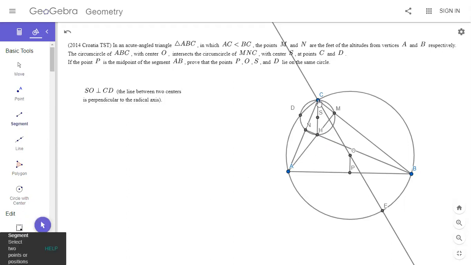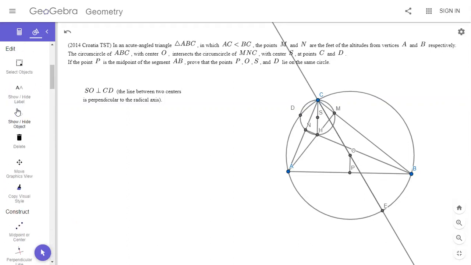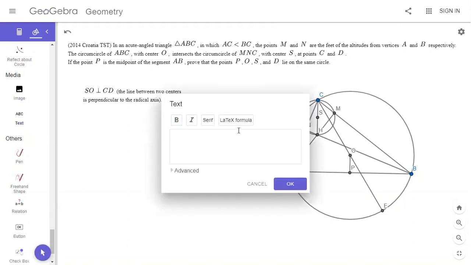I'll just write it out really quick. I know sometimes people just write D-H-E. I just like to type it out for the viewers that don't already know that notation.